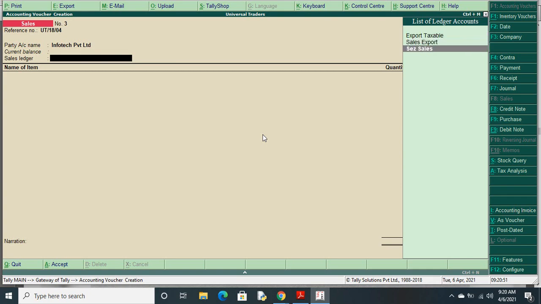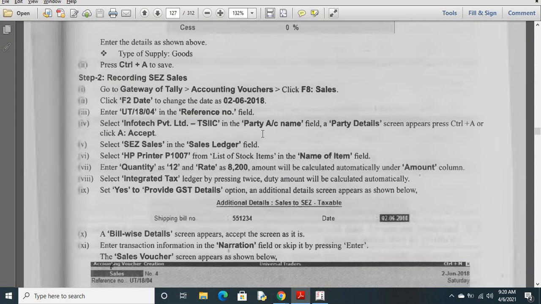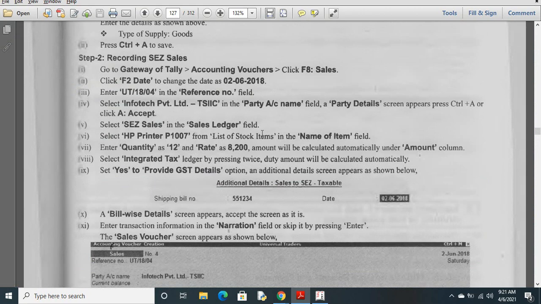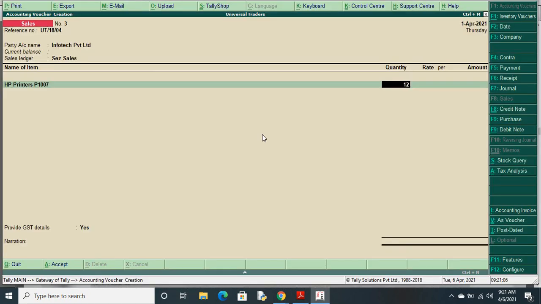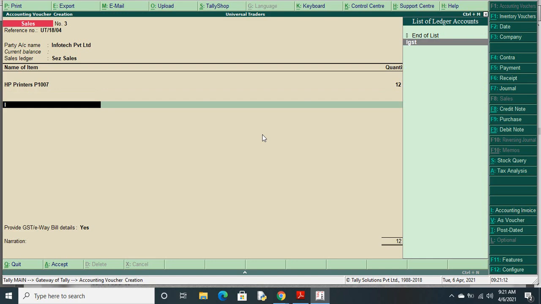SEZ sales, item HP printer, 12 printers at 8,200 each. Next we have IGST.